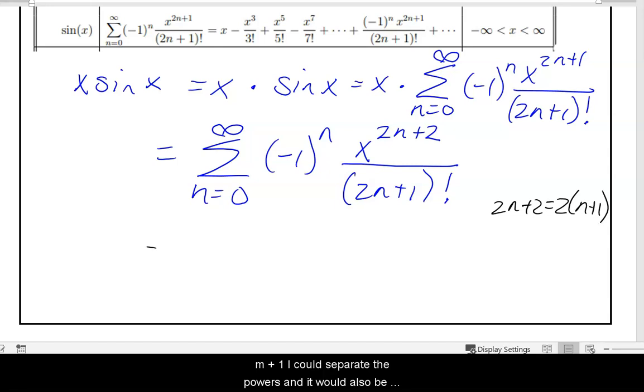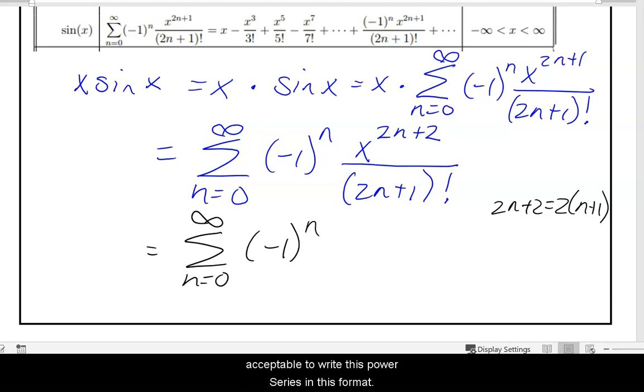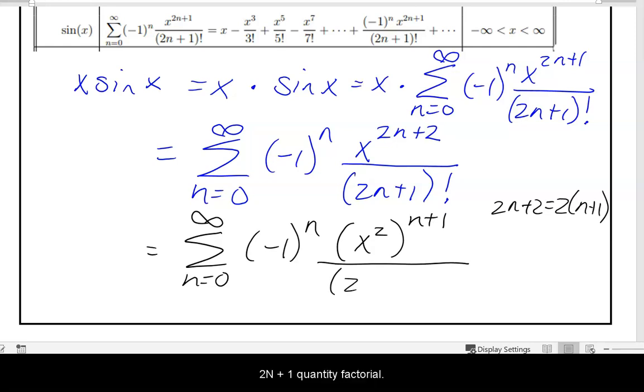I could separate the powers, and it would also be acceptable to write this power series in this format.